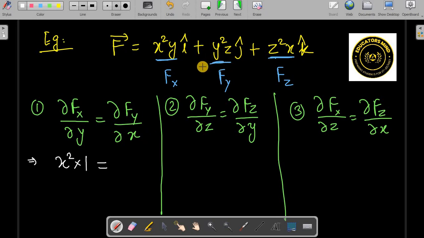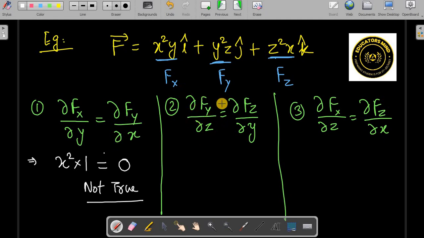There is no x term, so y square z is a constant and the differentiation is 0. So of course this is not possible. It cannot be true, because x square into 1 need not be 0, as x, y, z are variables. Of course in one case it can be possible, at the origin where x is 0, but in other cases it is not. So this itself is not being satisfied.